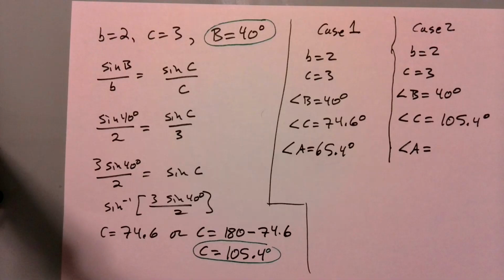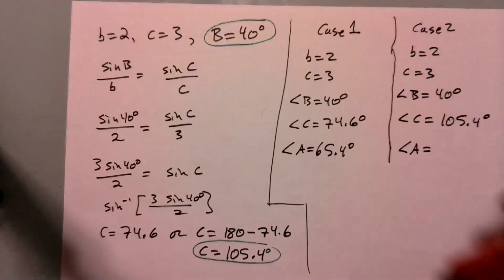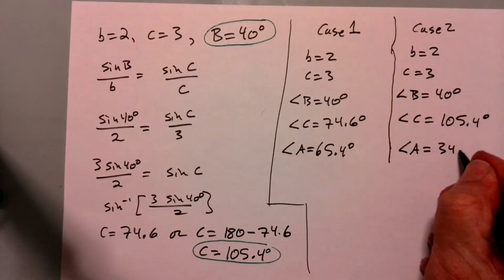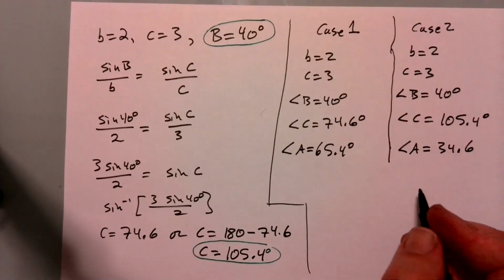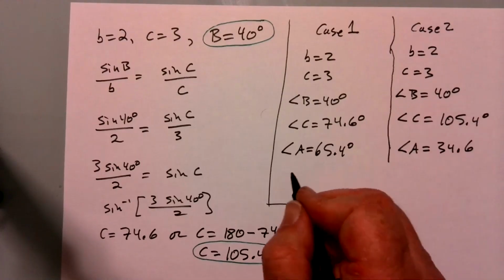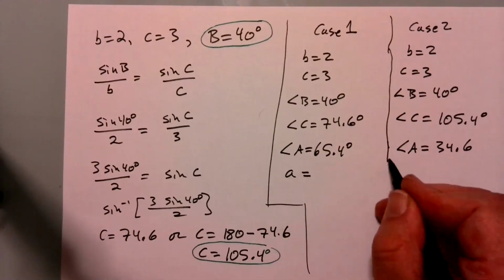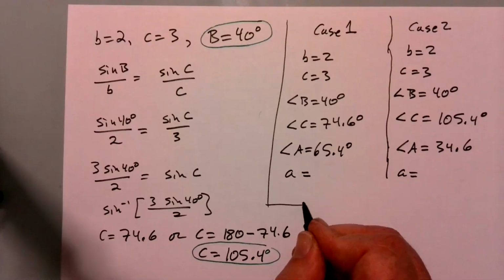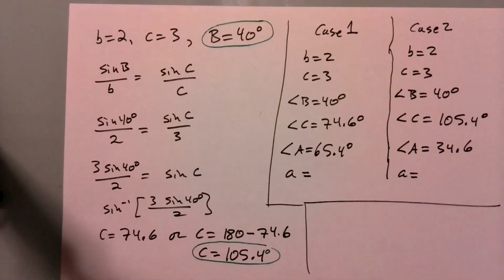And I get 34.6. So the last thing that we need, of course, is little a. What is little a for my two cases? That's what we'd want to find.